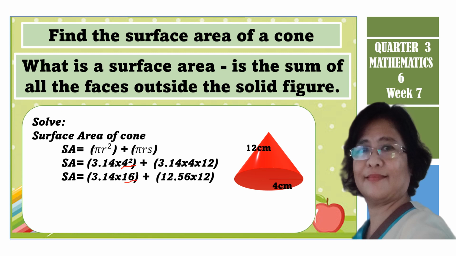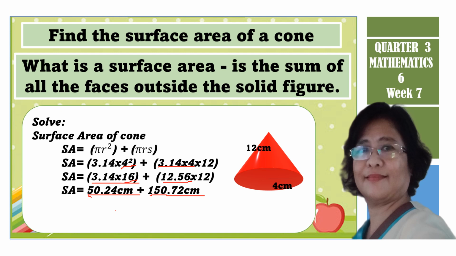And then we multiply 3.14 times 4 equals 12.56. And then the next, let us now multiply 3.14 by 16, and the answer is 50.24. Plus, we're going to multiply 12.56 times 12, we have 150.72 centimeters squared.